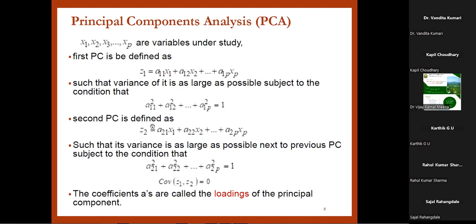The variance of Z2 is as large as possible with respect to the remaining principal components. Again, the condition that has to be fulfilled is that the sum of squares of the coefficients is equal to 1. Also, the covariance between Z1 and Z2 is 0 because we want the principal components to be uncorrelated. This is an important condition that has to be fulfilled. These coefficients, a11, a21 and so on, are called the loadings of the principal components.